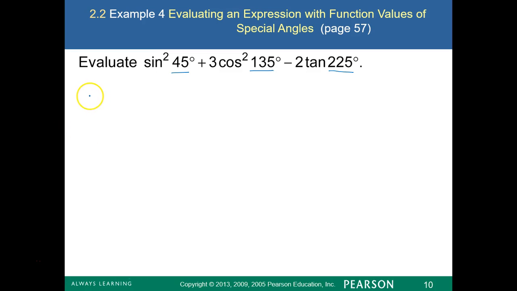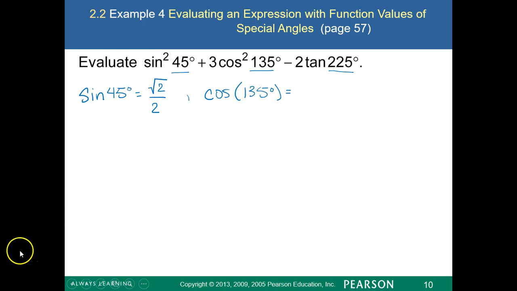So let's do this. I know sine of 45 degrees is equal to square root of 2 over 2. Cosine of 135 degrees is equal to, now find the reference angle of that.